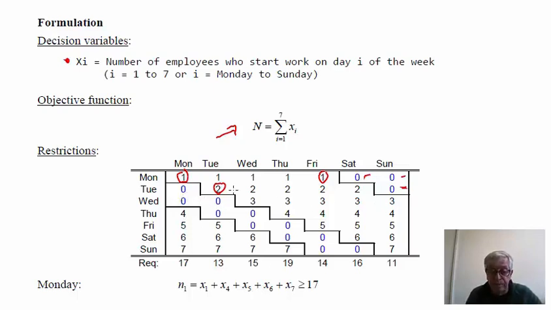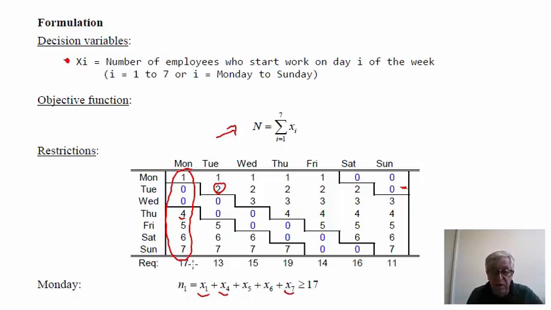So in this way, we now can evaluate the number of people that is working in each day of the week. For example, on Monday, the number of people that will be working will be the number corresponding to the first group, that is X1, the number corresponding to the fourth group, that is X4, and through, of course, the last group, that is group 7.